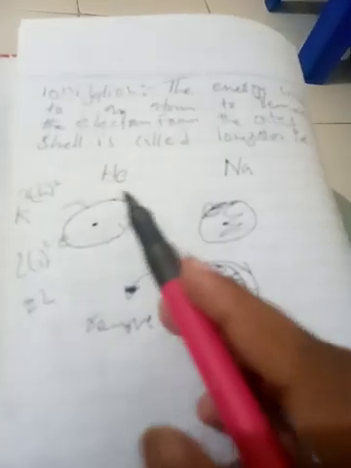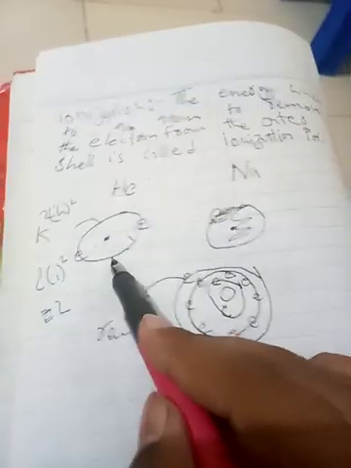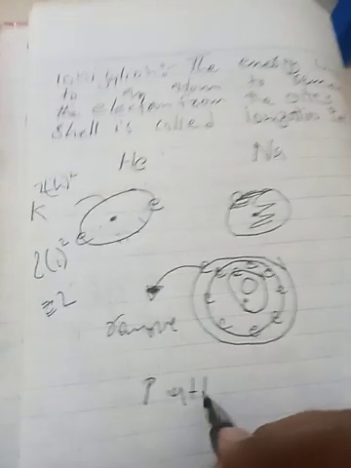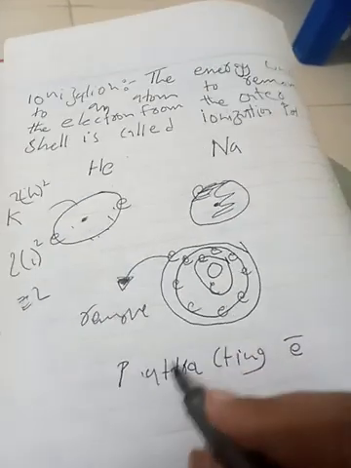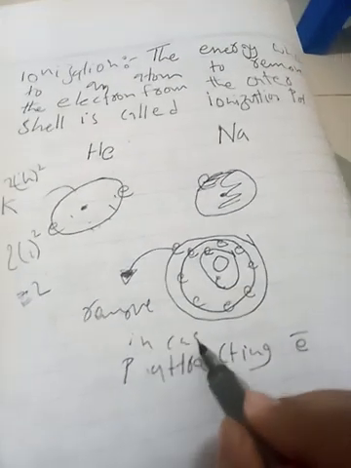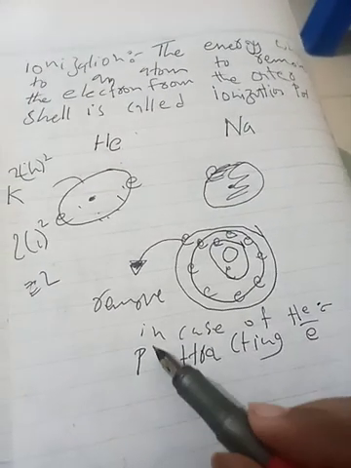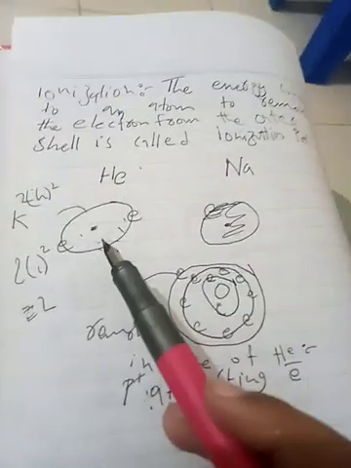The reason is this: helium's electrons are near the nucleus, and if they are near the nucleus, the positive charge is attracting those electrons. So in case of helium, the positive charge is attracting the electrons, and because of that a lot of energy is required to remove the electrons from helium.